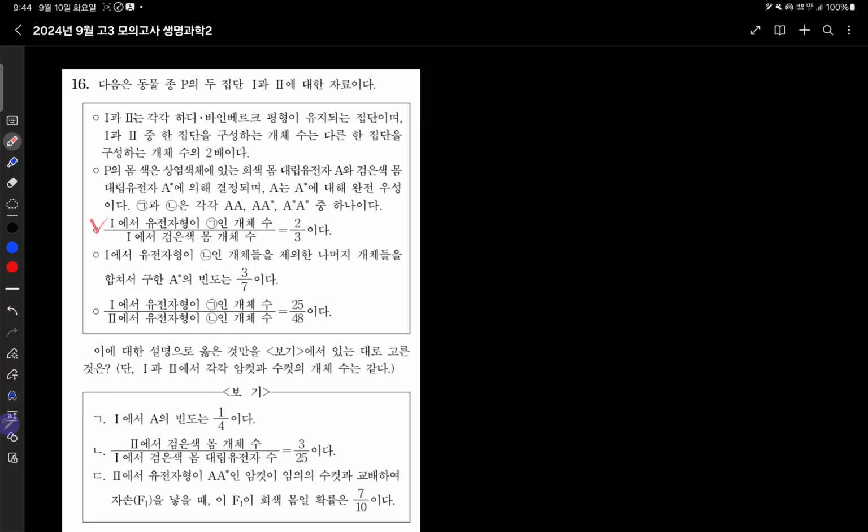For the first statement, at first, because A allele is dominant over A asterisk allele, that means A homozygote and heterozygote has a gray color, and A asterisk homozygote has black color.